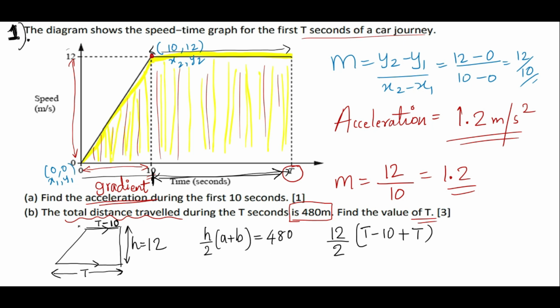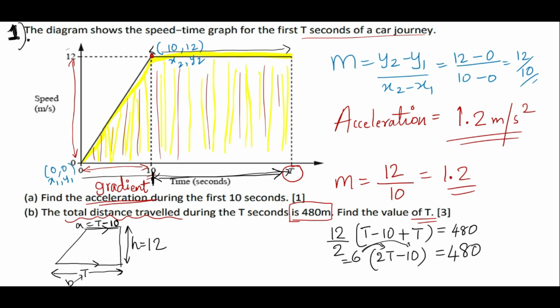So I have taken this as my a and this is my b. Substituting it and equal to 480. Simplifying it further, I have 12 divided by 2, which is 6, and within brackets, I have t plus t, so 2t minus 10, is equal to 480.